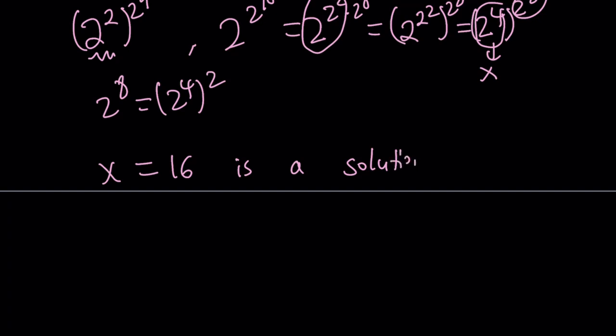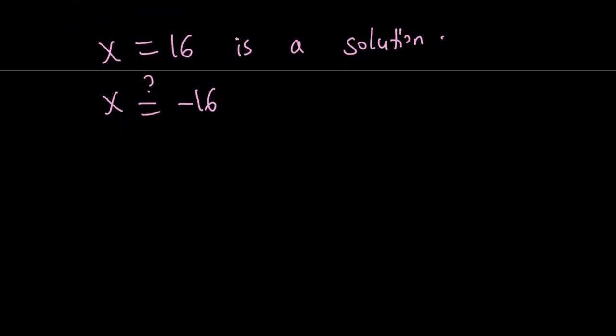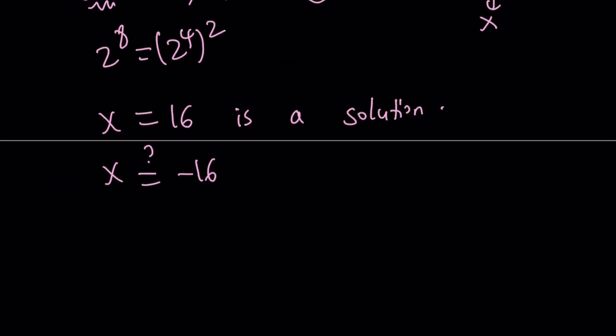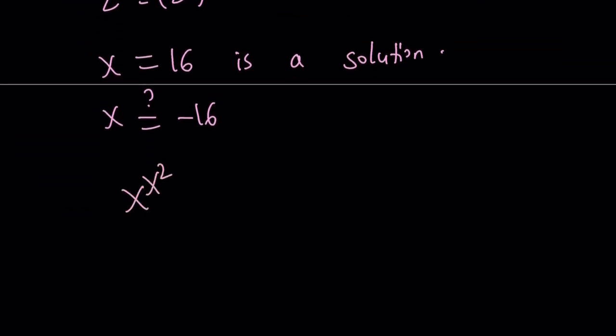All right. So here's the $1,000,000 question. Can negative 16 also be a solution? x equals negative 16. Is that a solution? Let's go ahead and check. The original problem was x to the power x squared, but we could also use a modified version. But let's go ahead and check the original one anyways. If x is equal to negative 16, we get negative 16 to the power negative 16 squared.